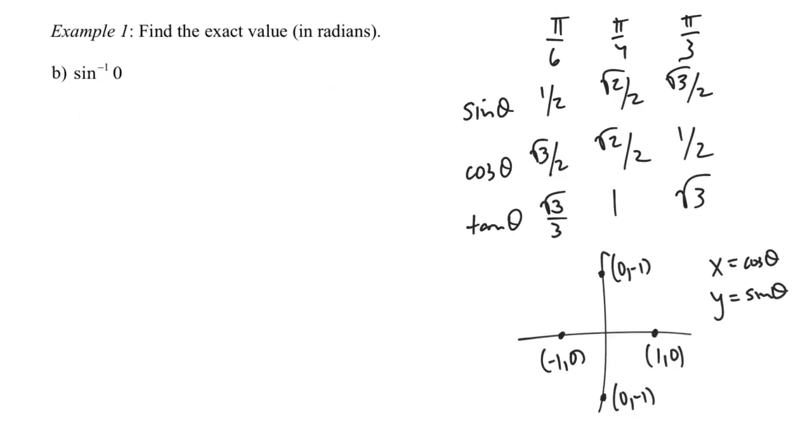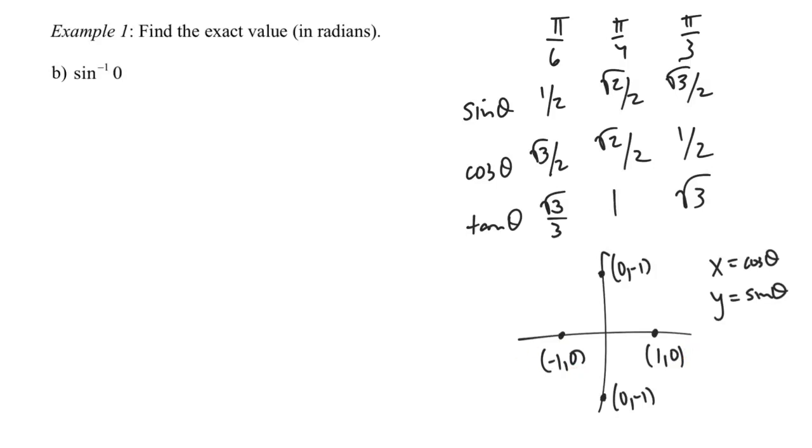Okay, here on example B, we have sine inverse of 0, and so I'm looking around to see where I see 0 as a value on sine, and I notice that up here I don't have 0, but down here I am going to have 0, because if I think about y equals sine theta, I need the y value to be 0. So that would happen here at the angle 0 or here at the angle pi.